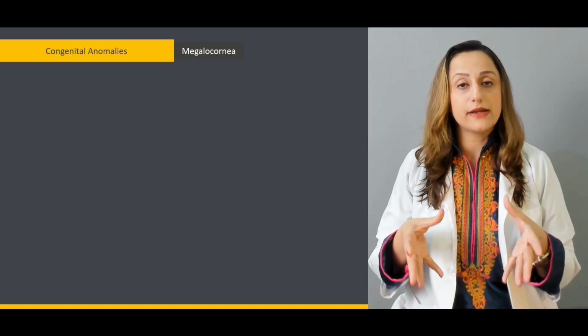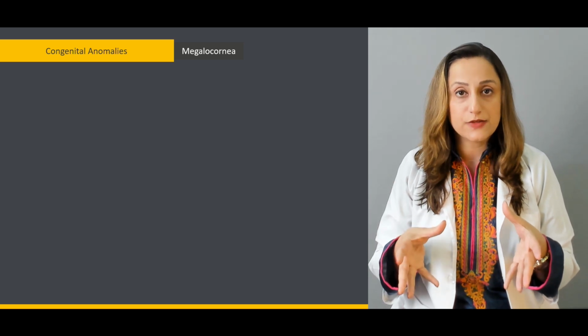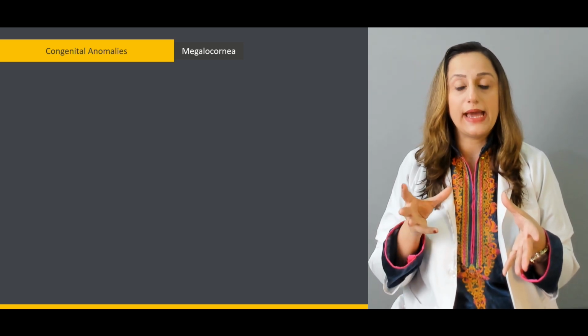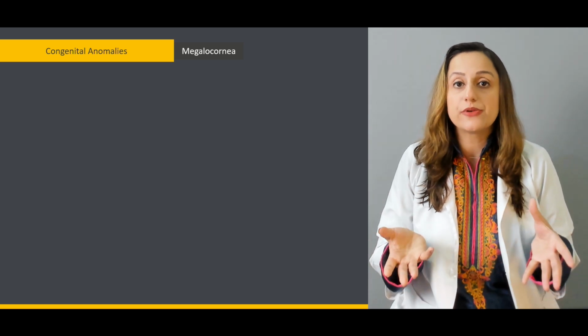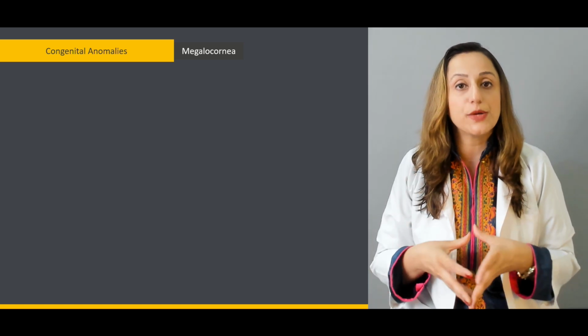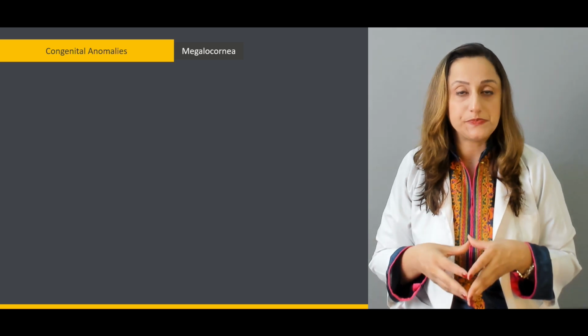After the Bowman's capsule, we have the stromal layer. The stromal layer basically comprises lymphocytes, first of all. Then we have the connective tissue and the connective fibrils lying inside this stromal layer, which can also be regarded as the substantia propria of the cornea.